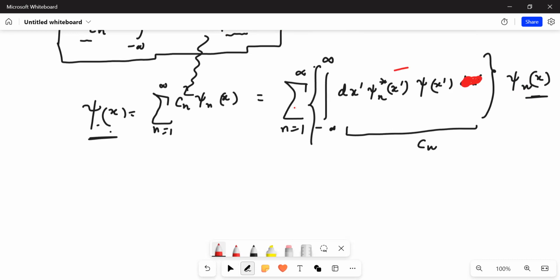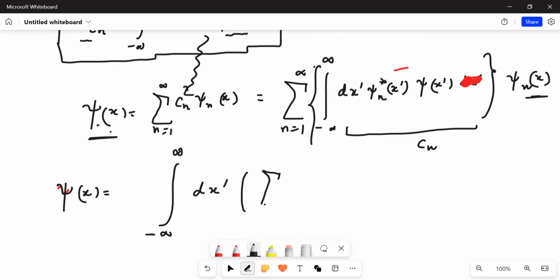Now you see, if I take this summation inside, because after all this summation is going over n, I'll simply write psi x is equal to the integral from minus infinity to plus infinity dx dash, summation n equals 1 to infinity, psi n star x dash.